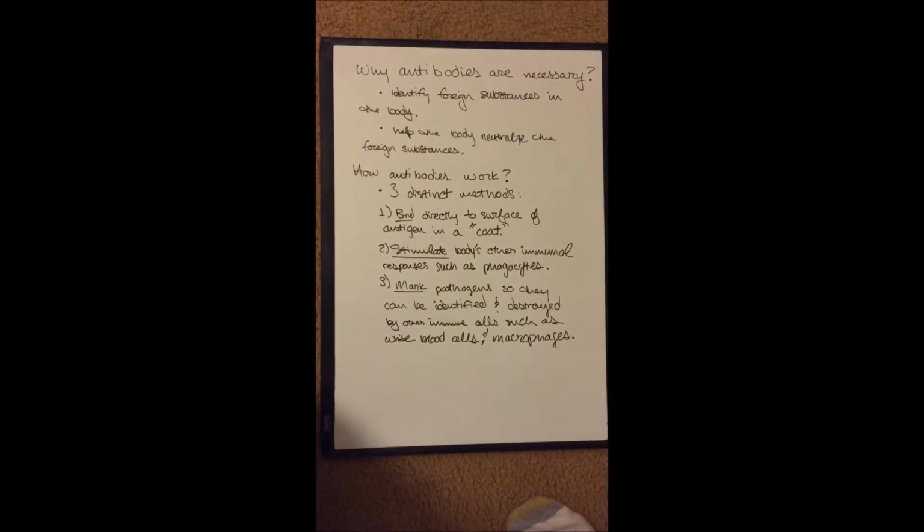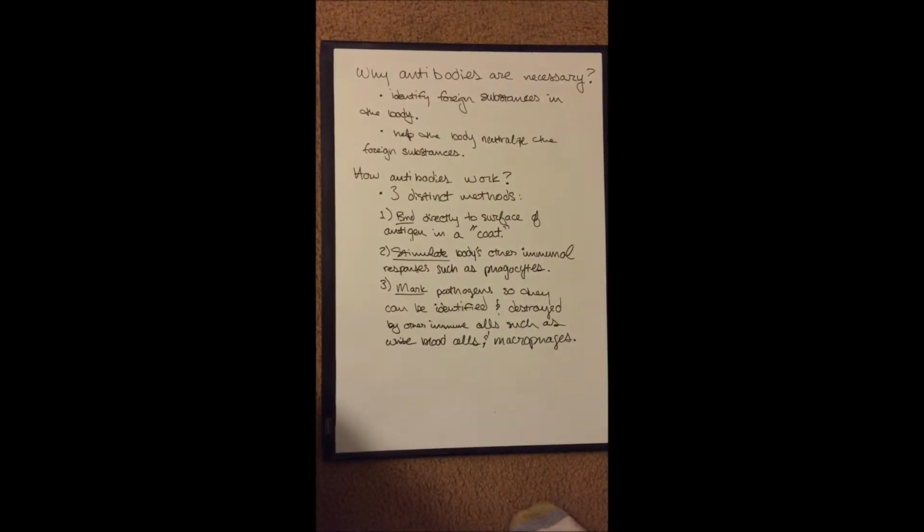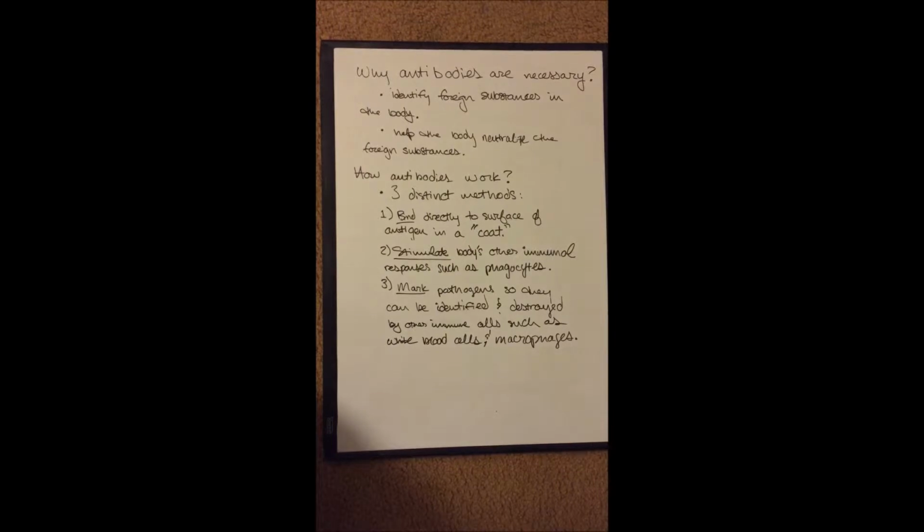It could also stimulate the body's other immune responses, such as phagocytosis or phagocytes. Or the last one, it can mark the pathogens so it can be identified and destroyed by other immune cells such as white blood cells and macrophages.